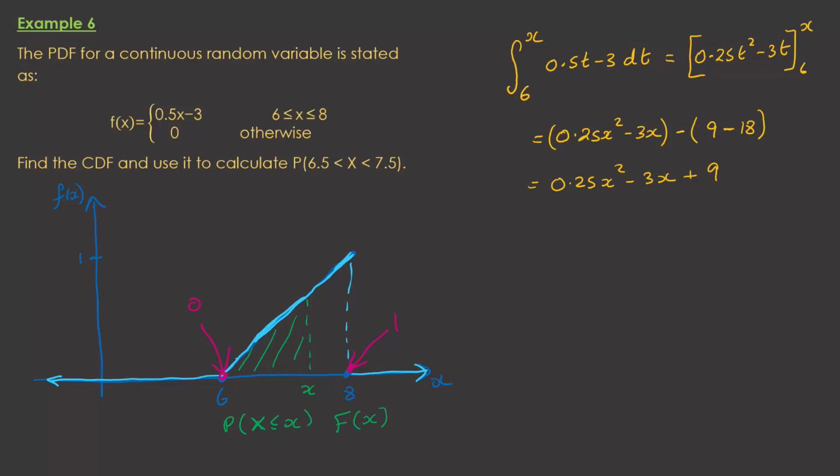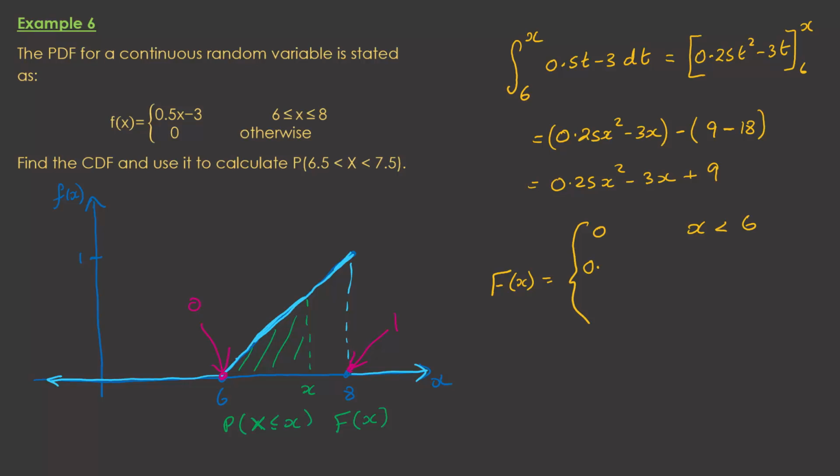And so what we now have is that capital F of x is, well, that's going to be 0 when x is less than 6.